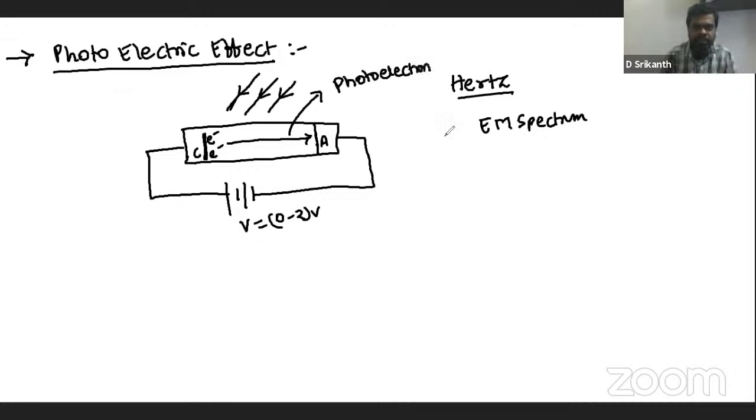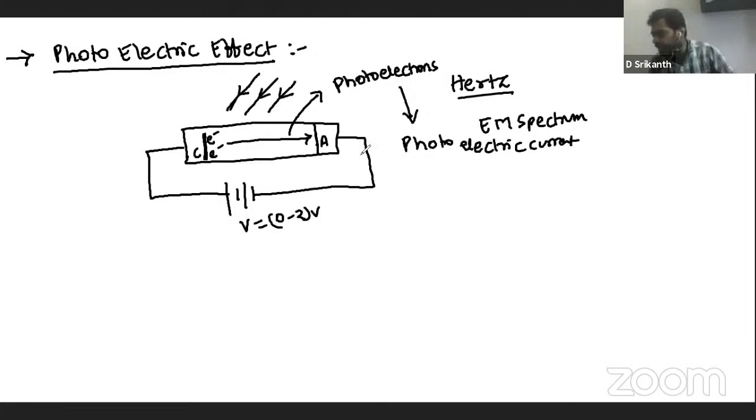The current produced due to the emission of electrons from the cathode is called the photoelectric current. Since the incident radiation is weak, the photoelectric current, or number of photoelectrons, will be very small.